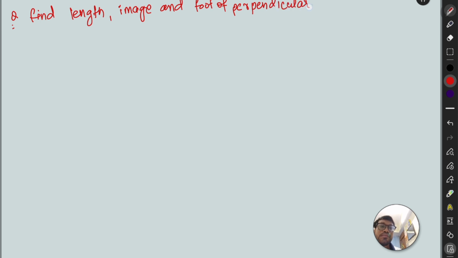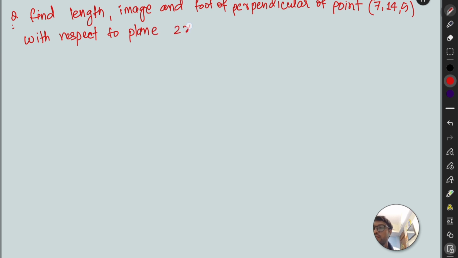The question says: find the length, image, and foot of perpendicular of the point 7, 14, and 5 with respect to the plane 2x plus 4y minus z minus 2 equal to 0.